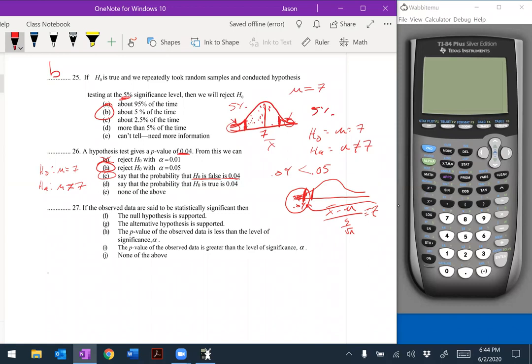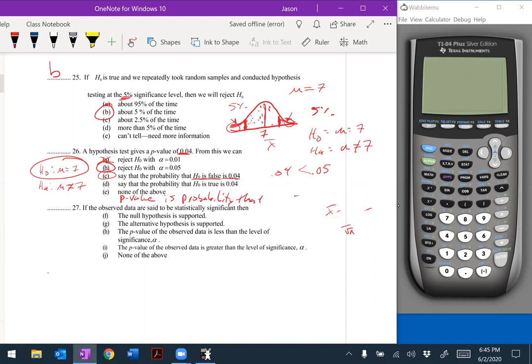This is why we do not reject H0 if it is a small p-value. The p-value is the probability that H0 is false.